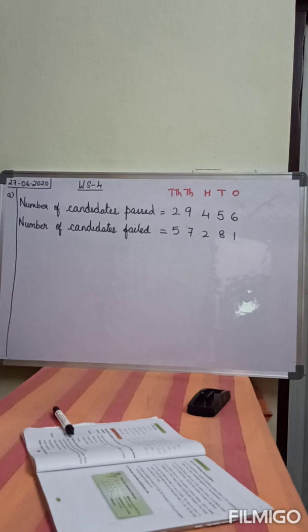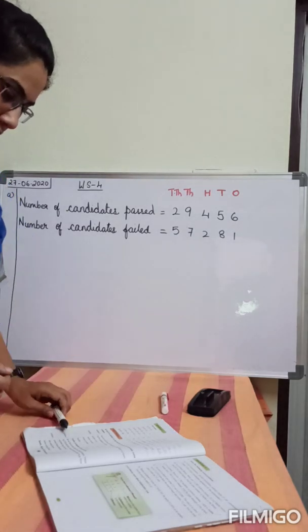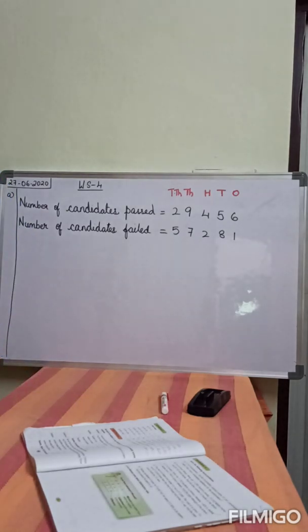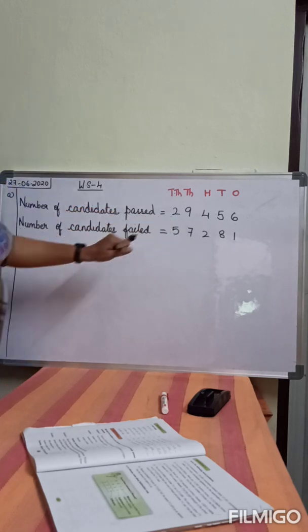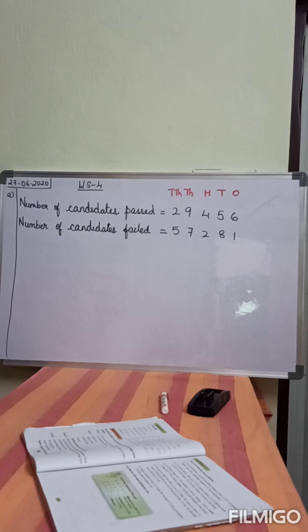10,000s. Now, what is asked? How many candidates appeared for the examination? That means passed number is given, failed number is given. We have to find out the total number of candidates. When I say total, I have to add.